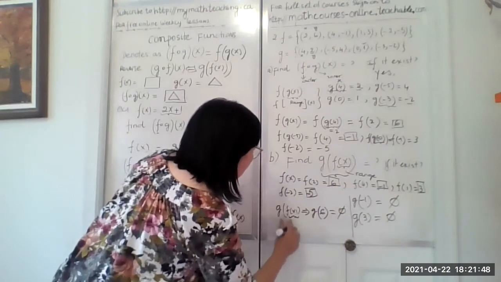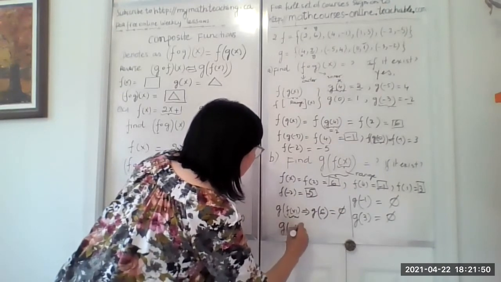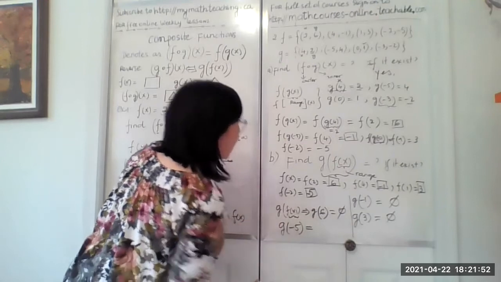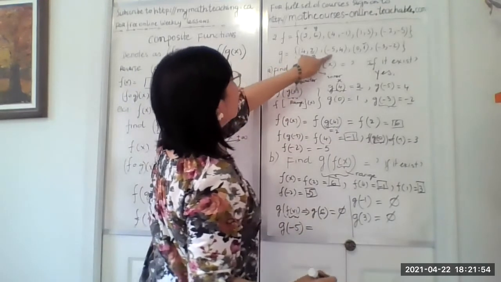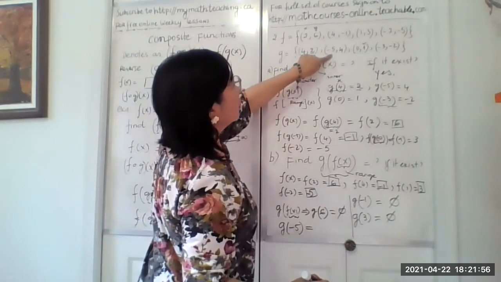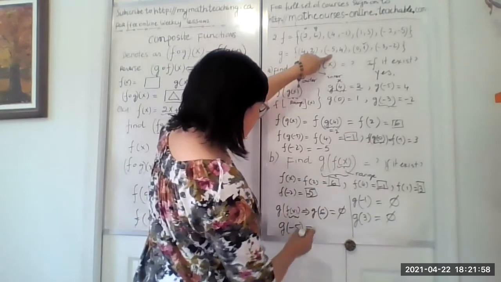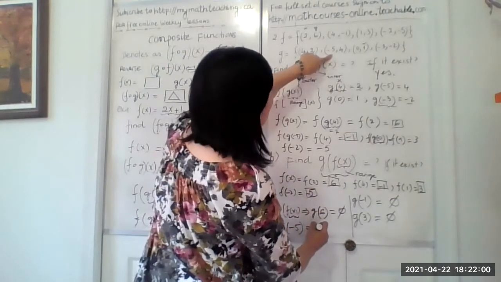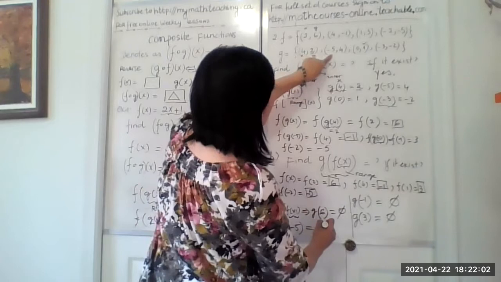So now if we put in g of minus 5, do we have it? g of minus 5, yes, we have it. g of minus 5 equals 4.